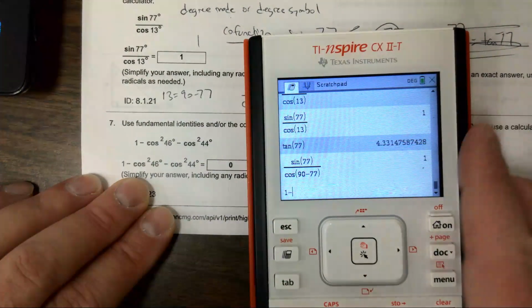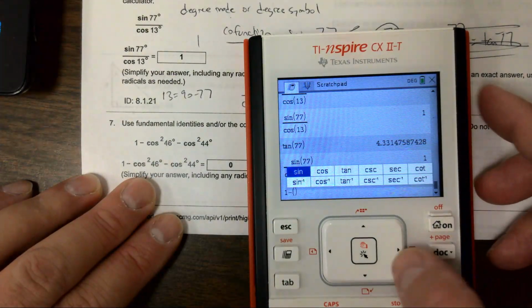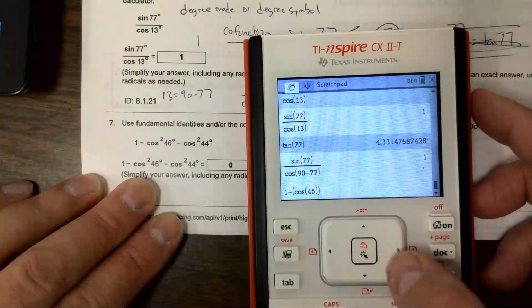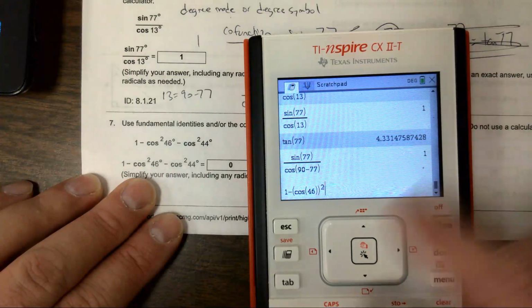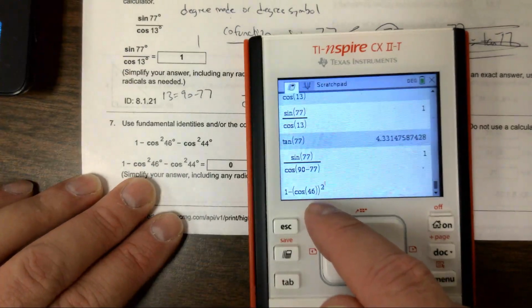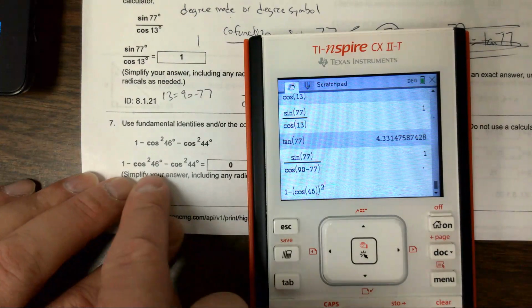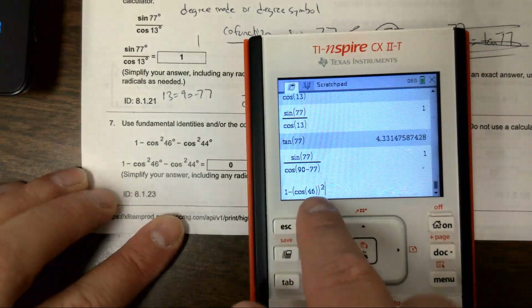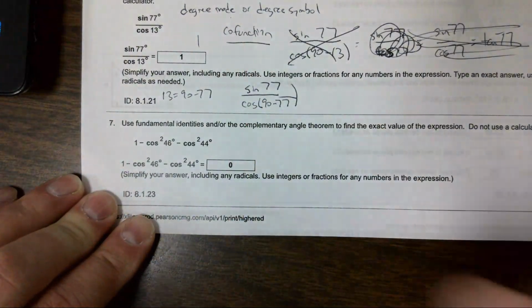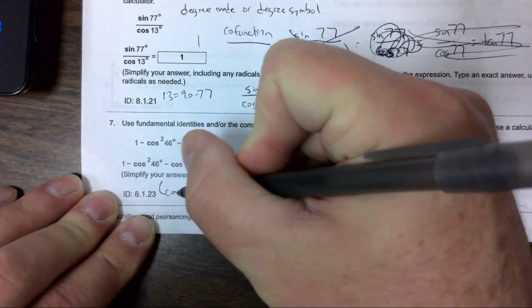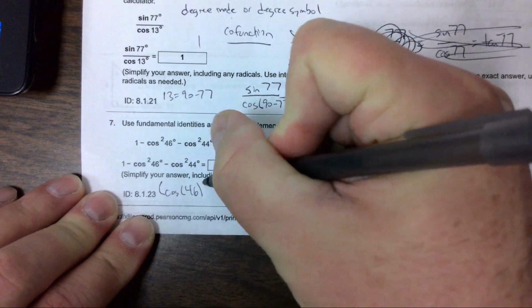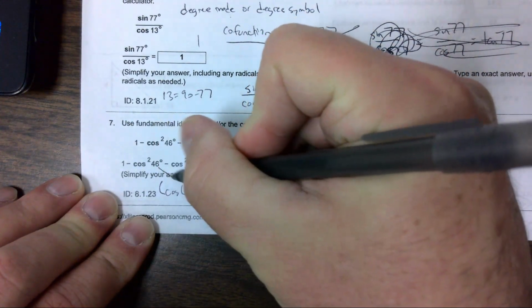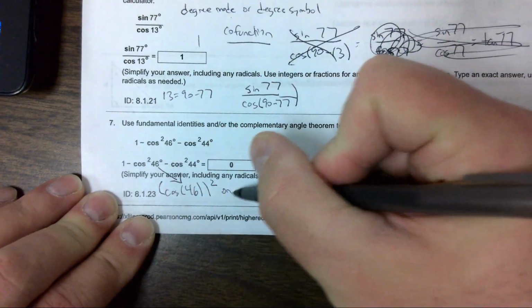1 minus parentheses cosine 46 squared. Look at how I had to do that. The 2 is in the middle on the paper, but I had to put the 2 on the outside on the calculator.